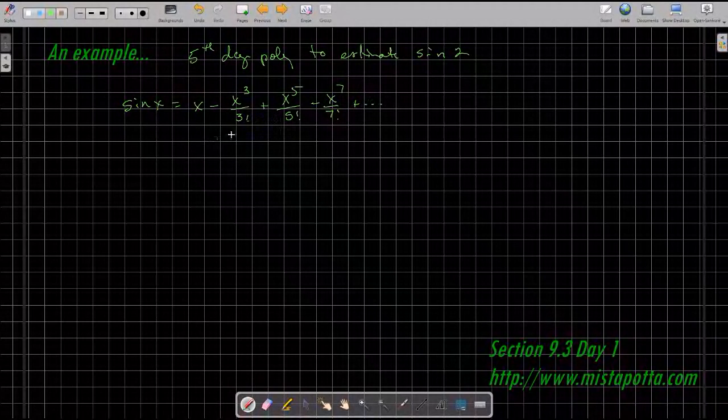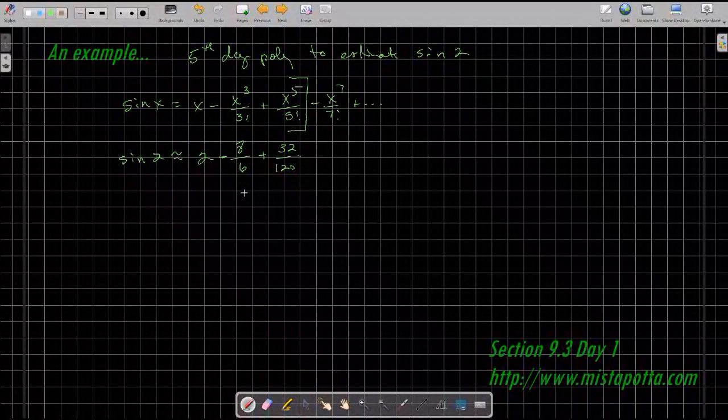So if I wanted to terminate here and just let this represent sine, if I wanted to say that the sine of 2 is approximately equal to 2 minus, this is really 8/6, plus, this is going to be 32 over 120.